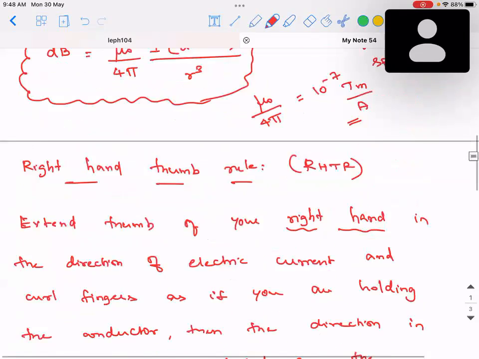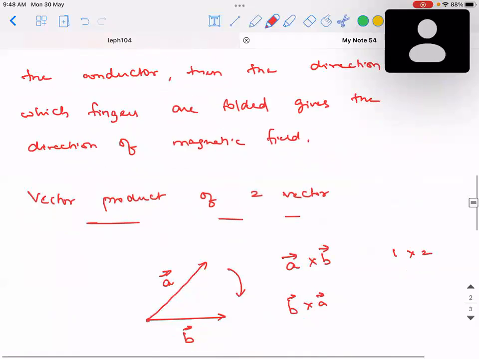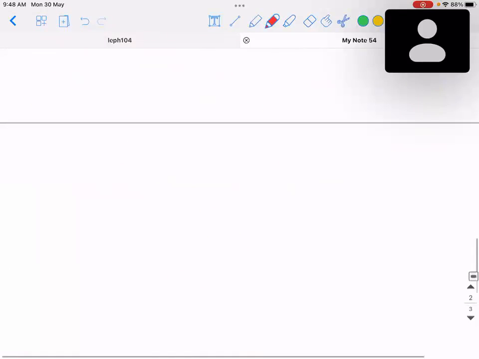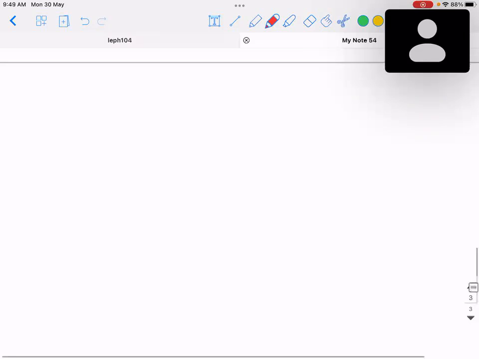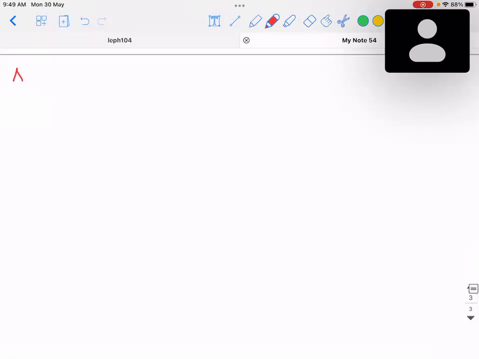Having said this, are we ready to go for the application of it? It's a slightly tougher one. I want you all to concentrate as much as possible. It involves a little bit of mathematics also, so concentrate. So write down the heading: applications of Biot-Savart law.